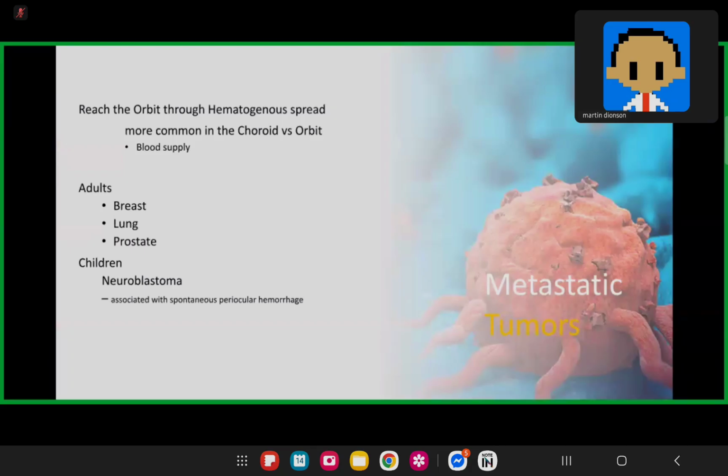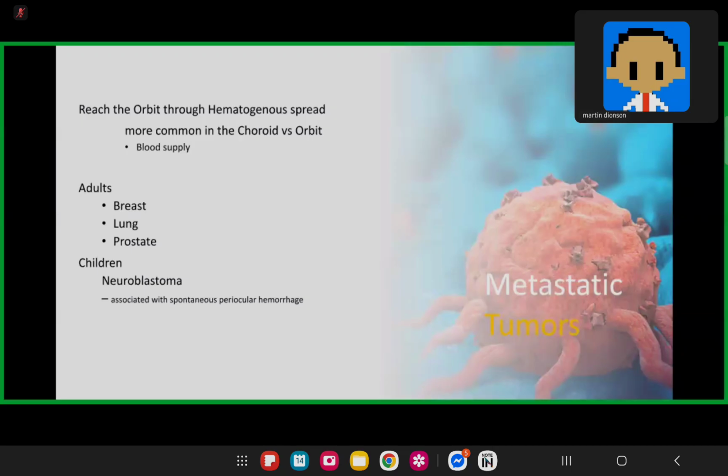When tumors arise at a different site, they reach the orbit through hematogenous spread. The tumors are commonly located in the choroid and the orbit. Basically, this area has a very good blood supply. So these are the areas where you have your metastatic tumors.